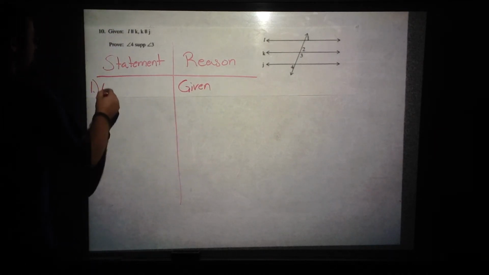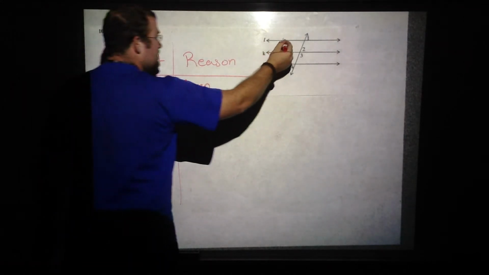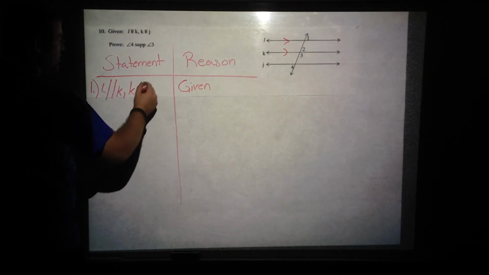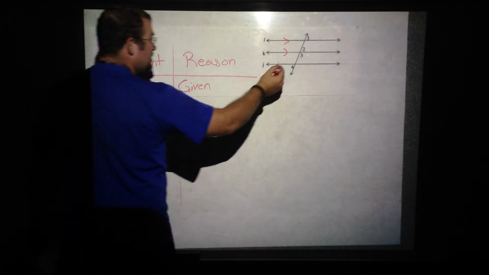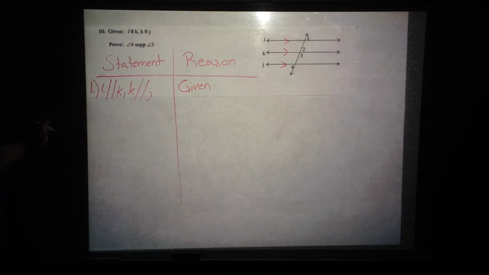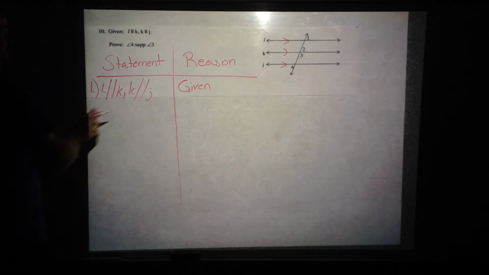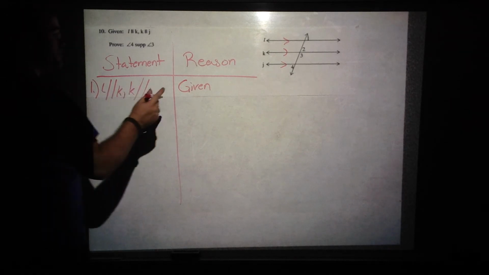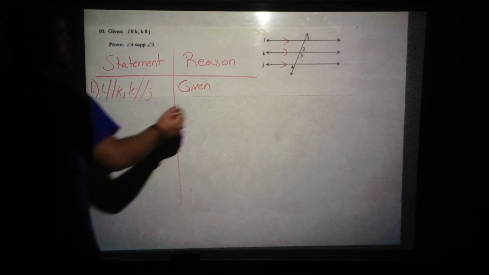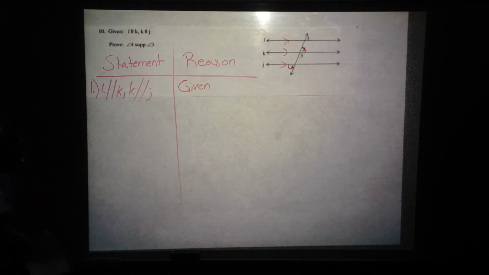And what they gave us was that L is parallel to K. So we'll mark that on our picture. And K is parallel to J. Now if we look at these two sets of lines being parallel to each other, and we look at our angles that they have marked for us on our picture, we notice that angle 2 and angle 4 are congruent to each other.